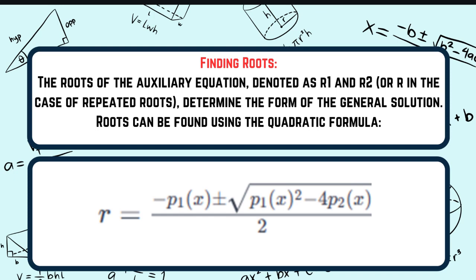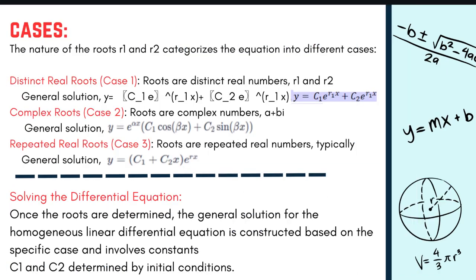Roots can be found using the quadratic formula r equals negative p1(x) plus or minus the square root of p1(x) squared minus 4 p2(x), all over 2. The nature of the roots r1 and r2 categorizes the equation into different cases.